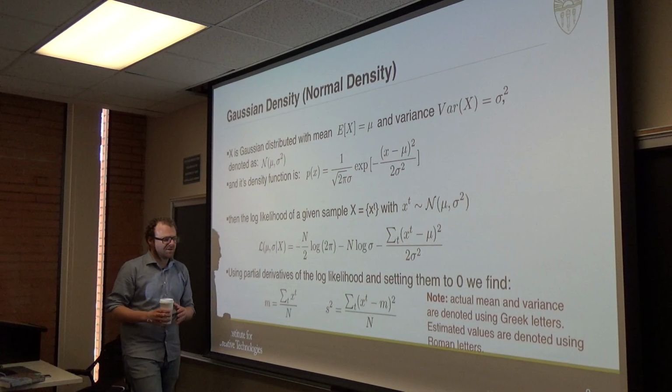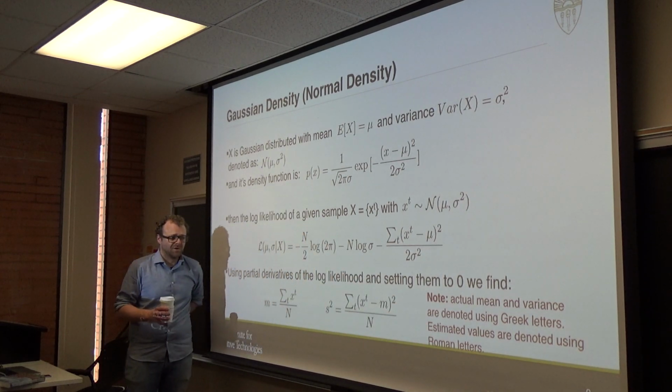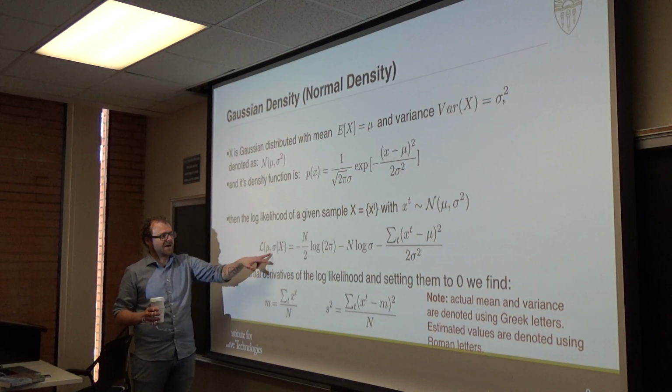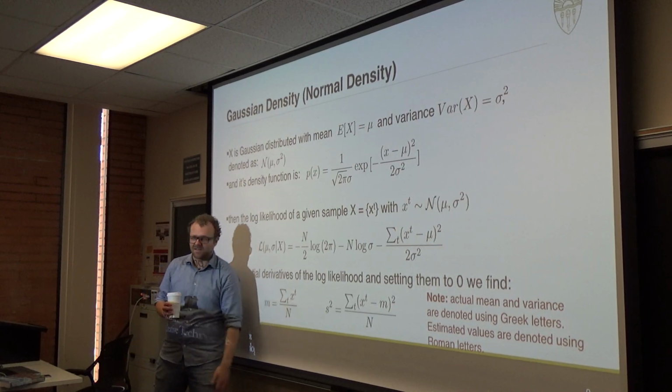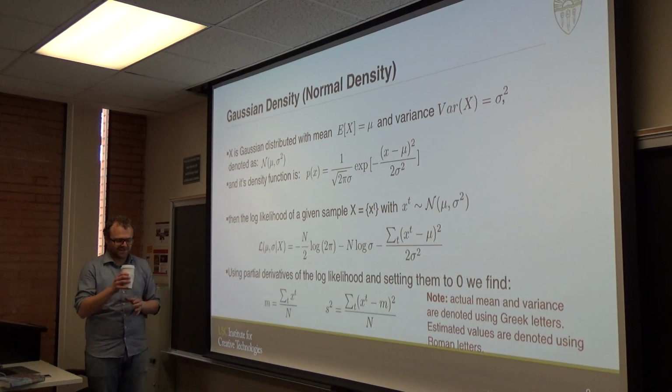Just an important note: usually we use Greek letters, mu and sigma, for the actual underlying values, and then m and s, the Roman letters, for the estimated ones.